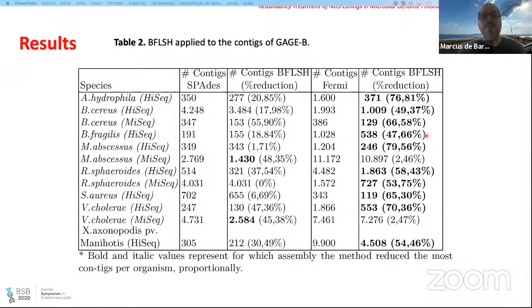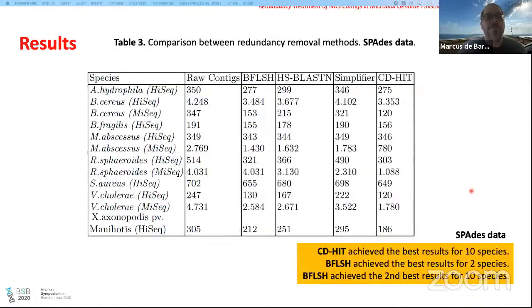The reason Fermi data have such high percent reductions is that the Fermi assembly was not as good as SPAdes was.